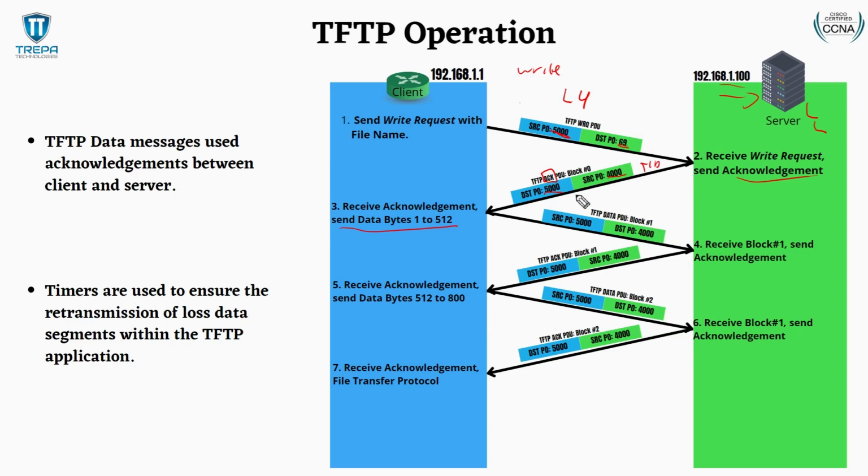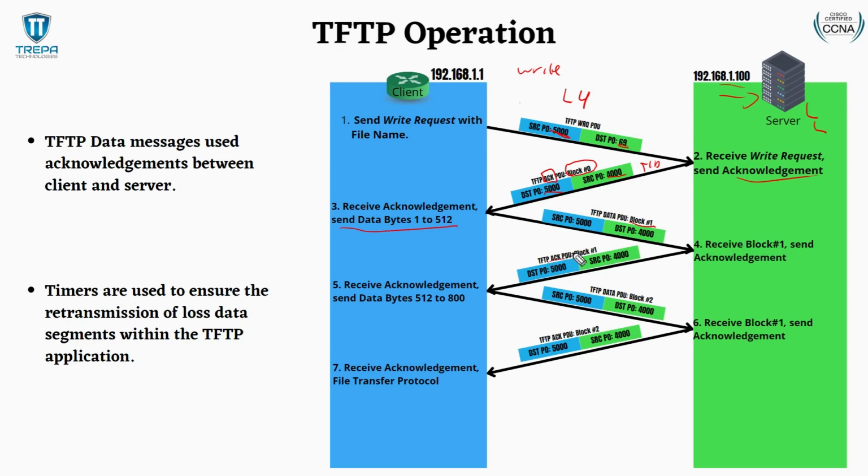And then we're sending blocks of data. So they started with data block 0, sending that acknowledgement. And then the next step for our client, when we're transferring that file, because we did that write request, we're going to say, okay, here's block 1 with data bytes 1 through 15. And once the server has received all 1 through 15, it's going to send an acknowledgement back.